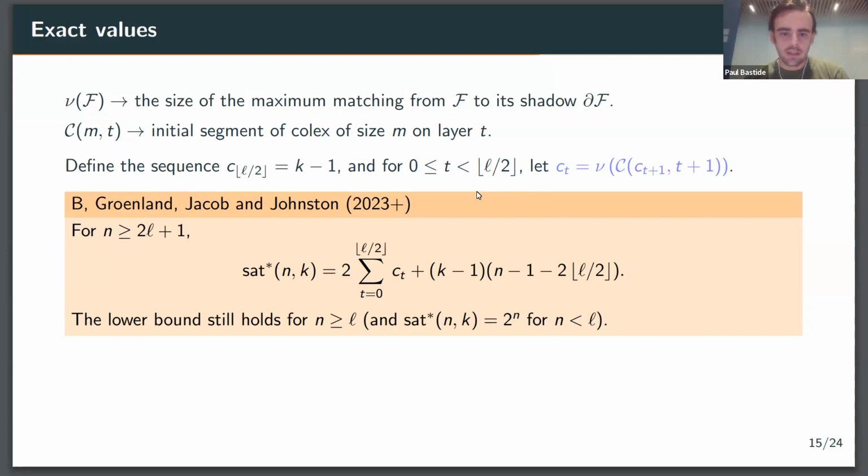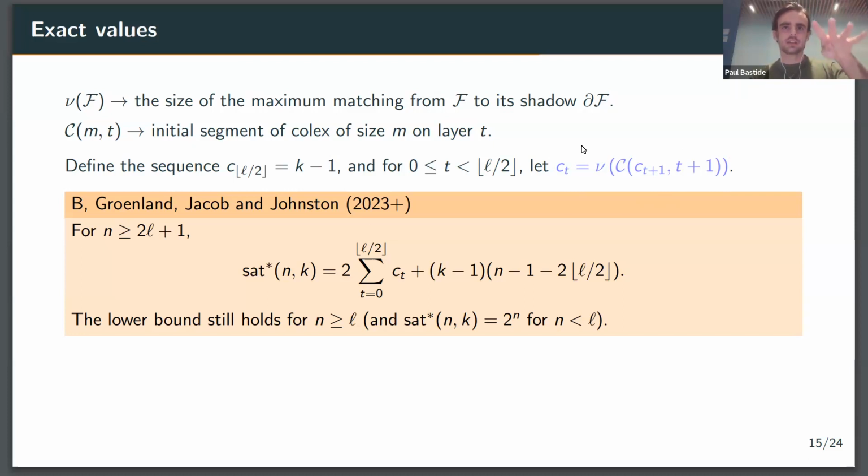And roughly, this part here that is nice just uses k minus 1 chains in the middle layers. And this part here is just summing over the following. First you have the maximum matching from the initial segment of colex of size k minus 1. And then the maximum matching from this initial segment of this size going downwards, etc. This is defined recursively like this.